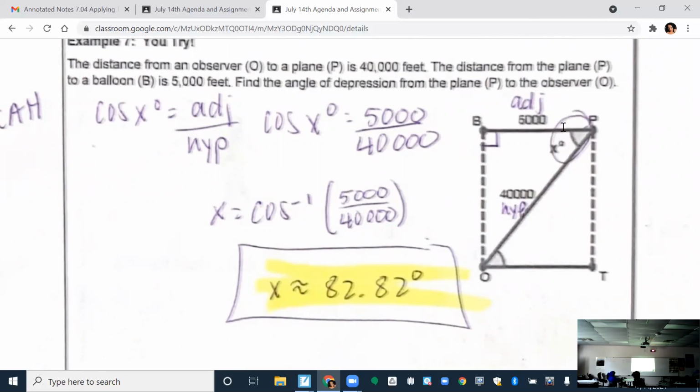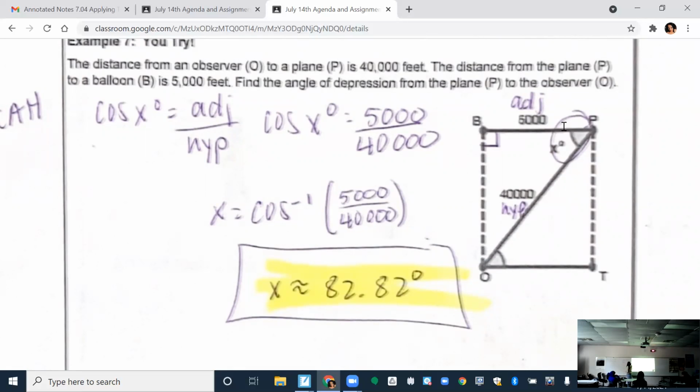Given what we have here, just like how we did yesterday and on the quiz today, look at it from the perspective of the angle. Label your sides. So hypotenuse is always your longest side, across from the 90-degree angle. Adjacent is the other side that's not the hypotenuse, that also touches the angle. This time we use cosine because that's the only one that has adjacent and hypotenuse together.